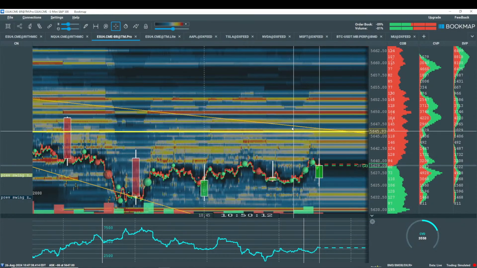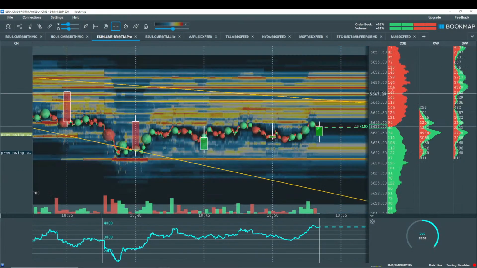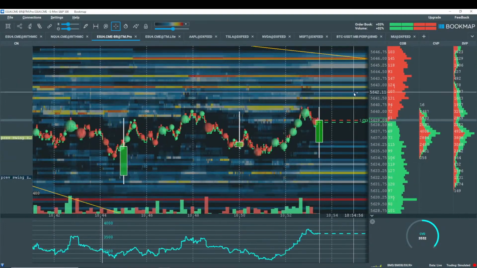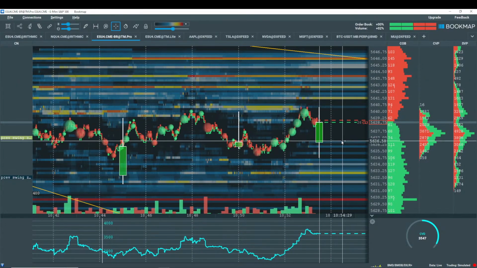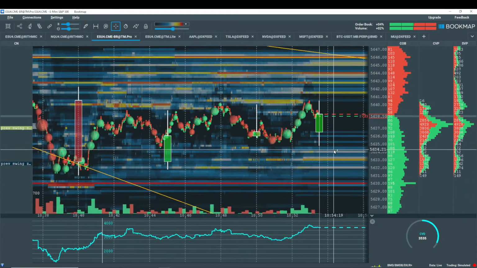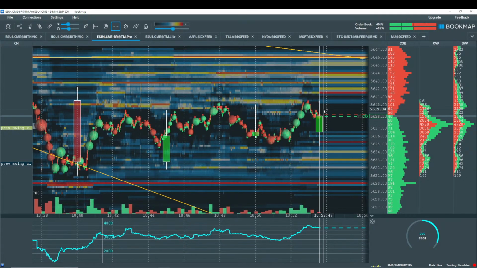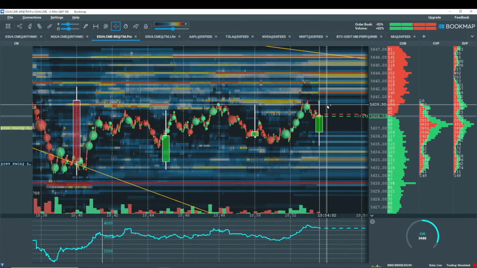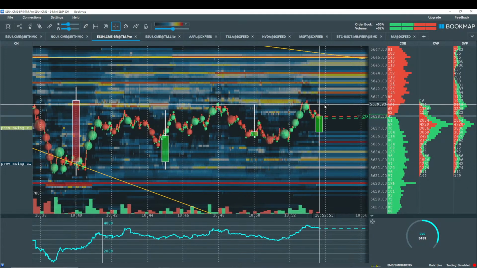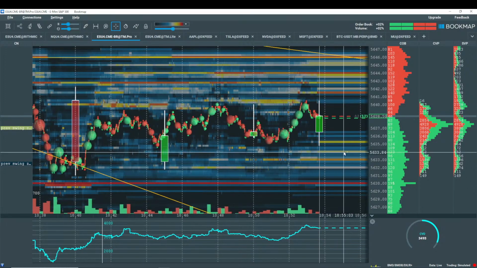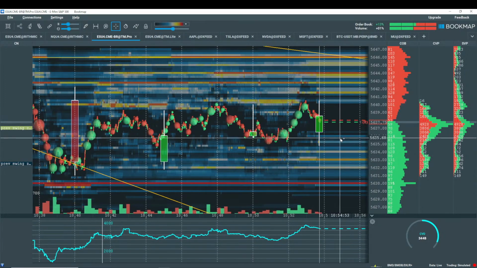So, okay. All right, let's see it then, buyers. Let's see a stronger bid in here. And let's see if they can pull on the offer a little bit and see these buyers come back in. Okay, bid looks pretty good.